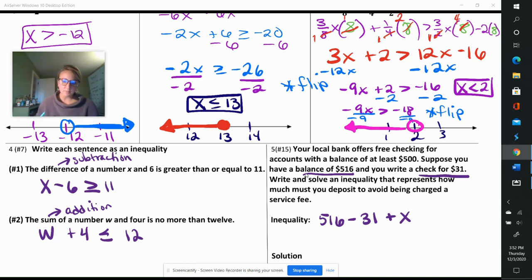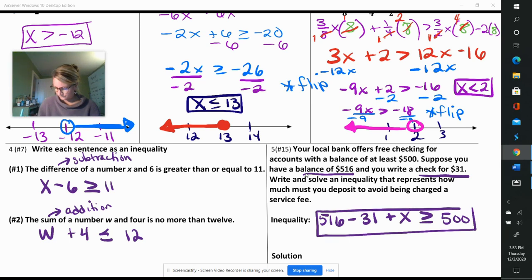Now, this represents the balance in our account. We want this to be at least, meaning greater than or equal to, $500. So there's the inequality that represents what just happened. And now let's solve. Combine like terms. 516 minus 31 is 485.